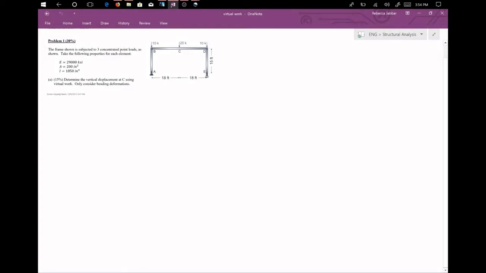So we have the same frame that we did earlier, but instead of looking at the horizontal deflection of E, we'll be looking at the vertical deflection of C, which we could kind of see would be something resembling that. It's a good idea to have an understanding of what the deflected shape is, even if you're not using the deflected shape.